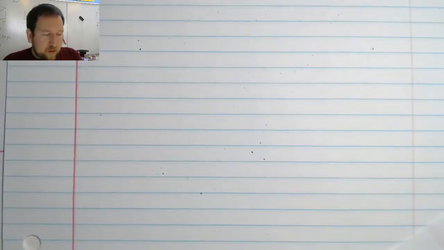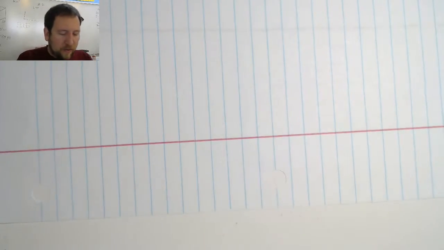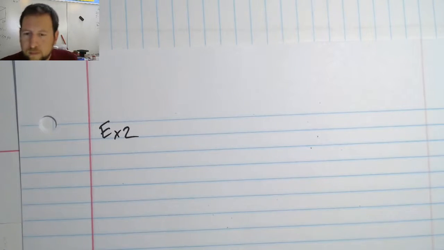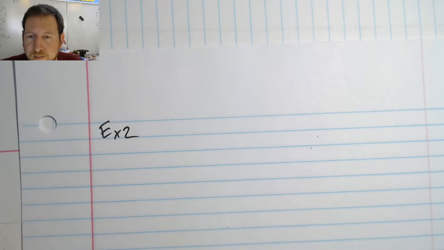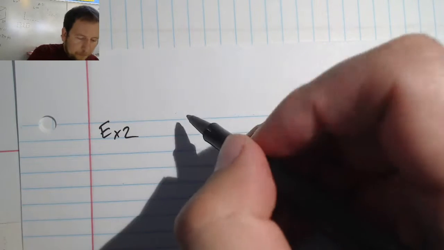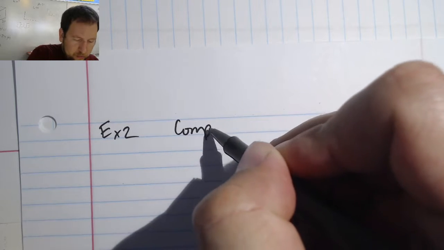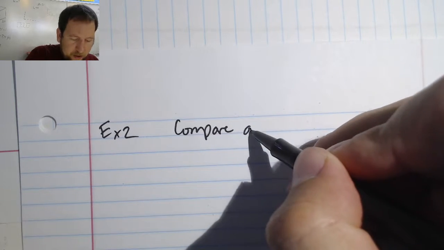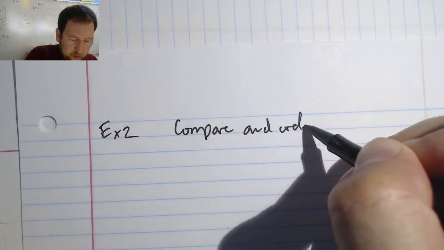All right, real quick, let's look at another example over here. Let's order some numbers. Let me find a set that I like. We have compare and order.